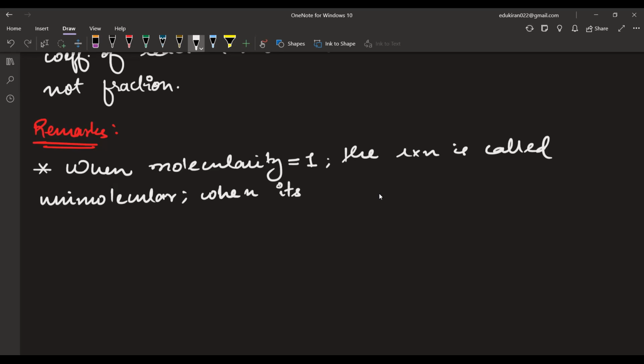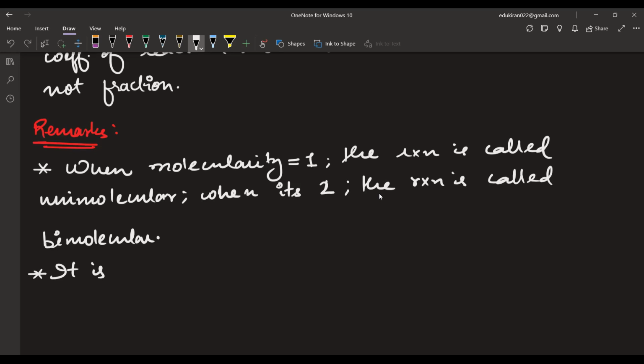When it is 2, the reaction is called bimolecular. Okay, right, next.